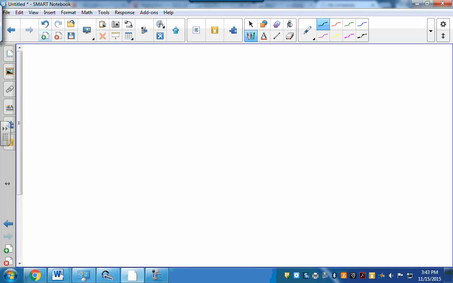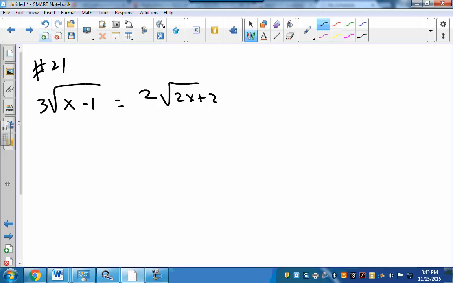Okie dokie. Number 21, we have 3 times the square root of x minus 1. We're going to have to isolate something somewhere. And this is 2 times the square root of 2x plus 2. And the task is solve for x. Well, if we try to isolate the radical, we would introduce fractions.